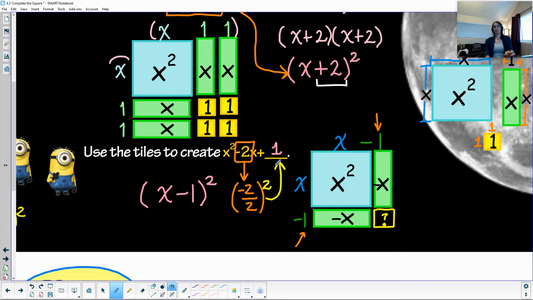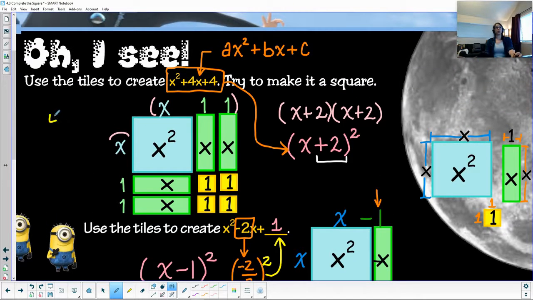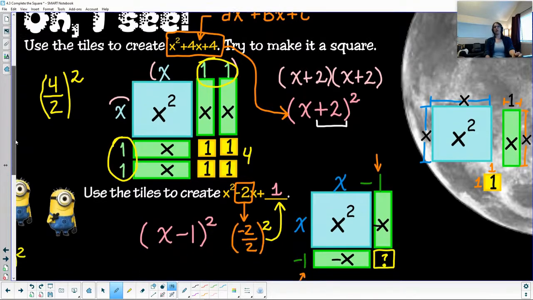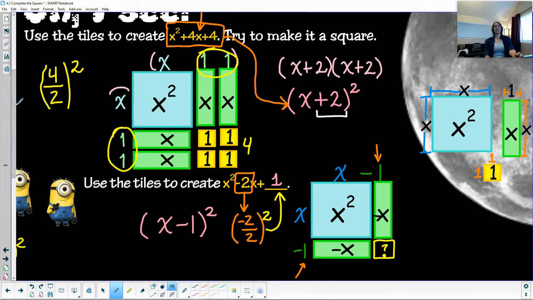And that is literally what completed the square. That worked exactly like what we did up here. I took the 4, I split it in half, so I had 2 on each side. And then I squared that because here's 2 times 2. And that's where the 4 came from. So they all kind of follow that same exact pattern.